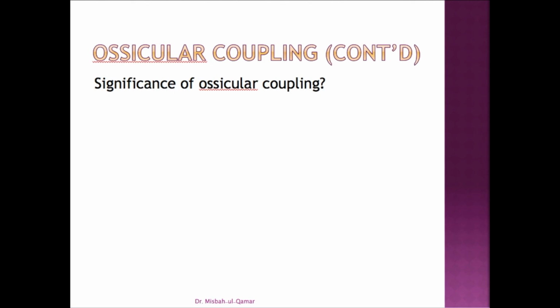Why do we need this pressure difference between the oval and the round window? This is required for the movement of the cochlear fluids.